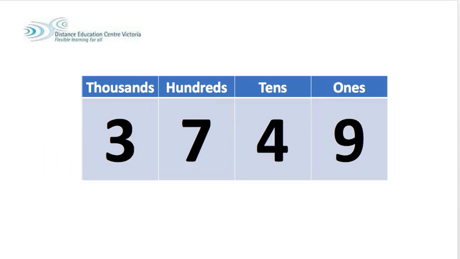We can go on forever in that direction, but each time we go, it's 10 times more, 10 times more. Or we can go the other way, and it's 10 times less, 10 times less. Later on we'll learn about a decimal point that goes here and about tenths, hundredths and thousandths, but that's a little way down the track.